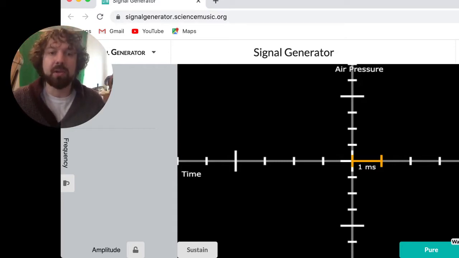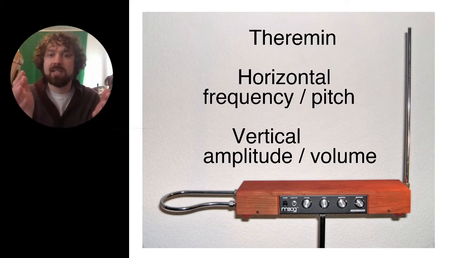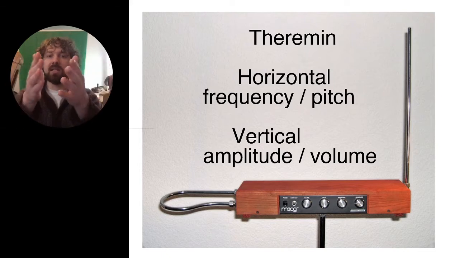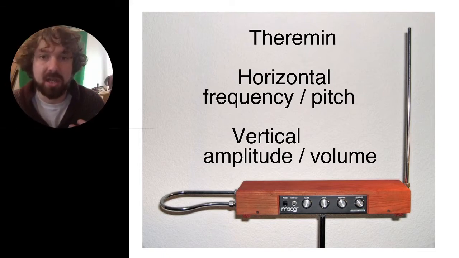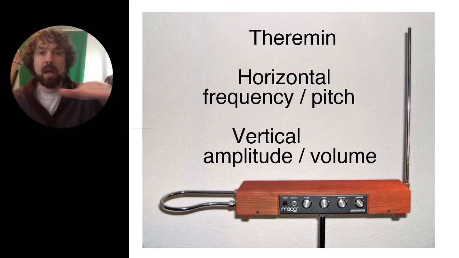So this is a lot of fun to play with, and I want to show you an electronic instrument that is basically just a signal generator that you play with your hands. And it's called the Theremin. So similar to what we were just doing with our mouse, this Theremin, it's the craziest thing. You put your hands in the air, and where you move your hands changes the signal that's being generated. So basically, when you move your hand horizontally across this way, it changes the frequency.